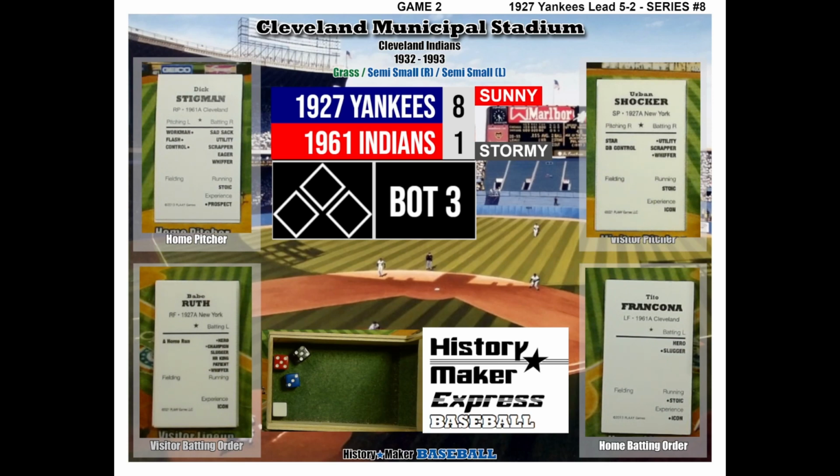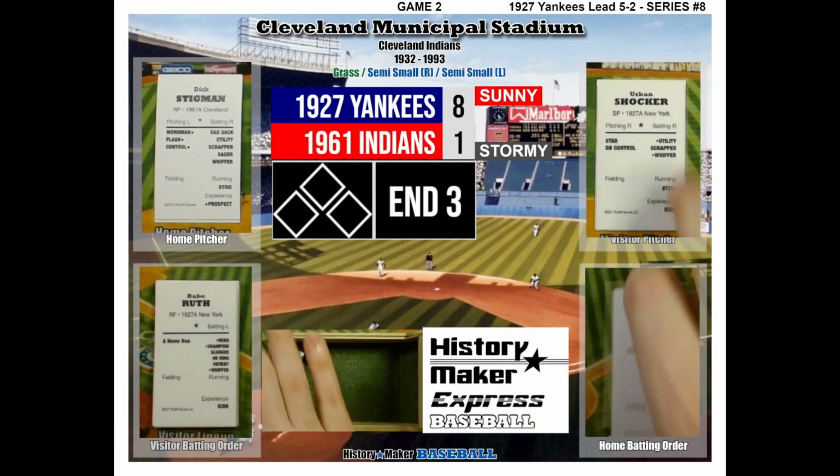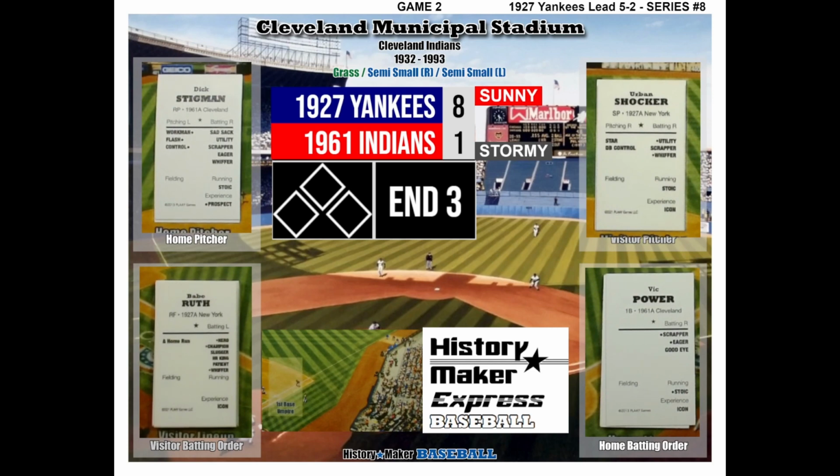Tito Francona is a semi-icon. However, the decider die says he is not an icon. So that is going to be a no runs result of 5 blank to end the third inning. And the score remains 8-1, still in favor of the 1927 Yankees.